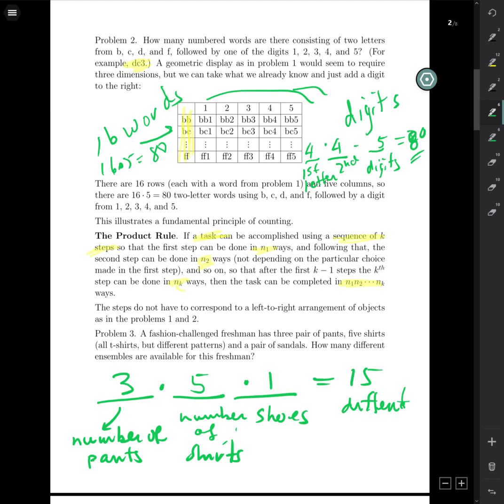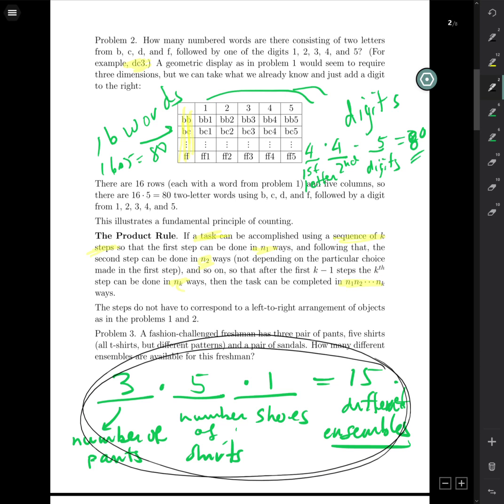And so that's how we would conclude that example. When you're doing this, I would like to see a display of this type, where you write out the slots and describe what the different slots represent and the order of choices. So that's our first principle in counting.